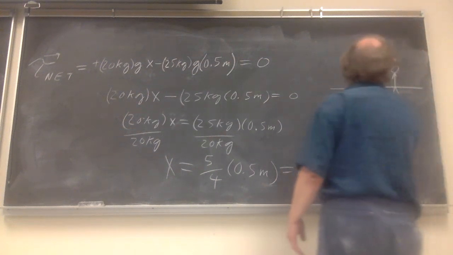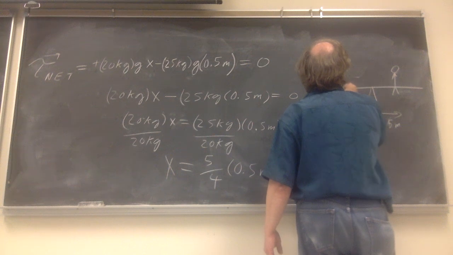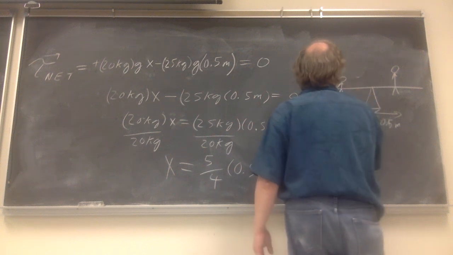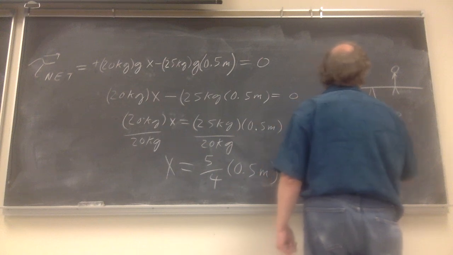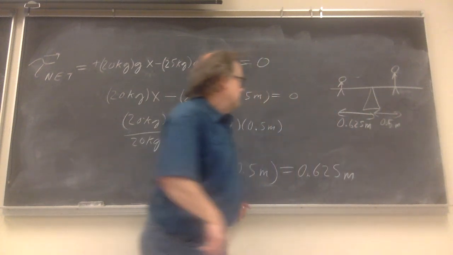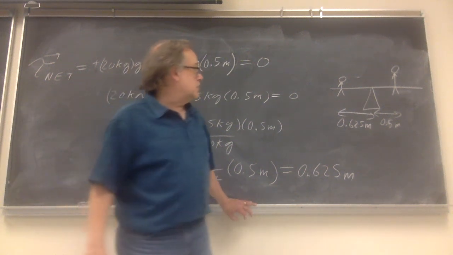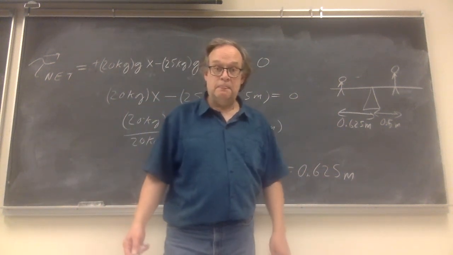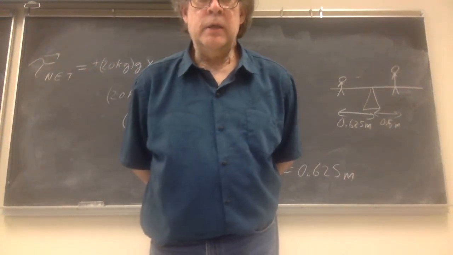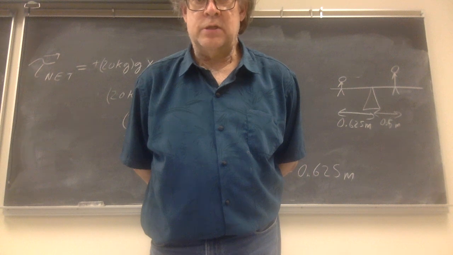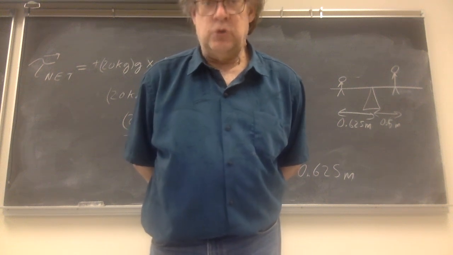The smaller kid is farther away, 0.625 meters away, or 12.5 centimeters farther away from the center than the big kid is. So that's one example of equilibrium and thinking about torques. Go to part 2 of these videos and I'll show you another example.